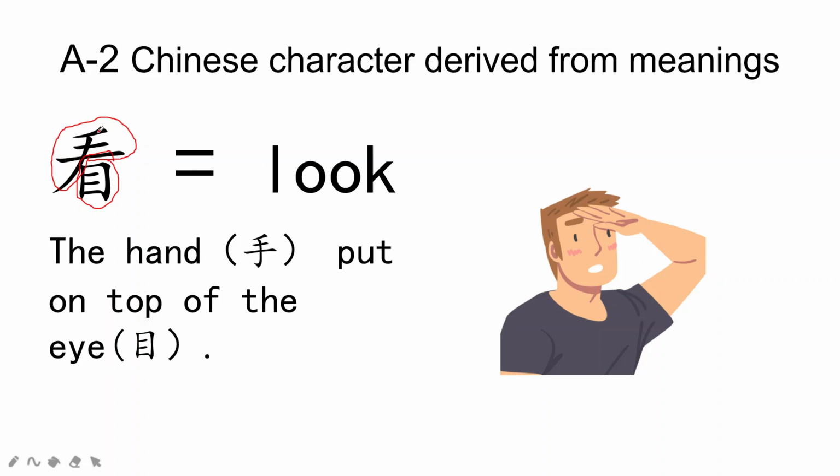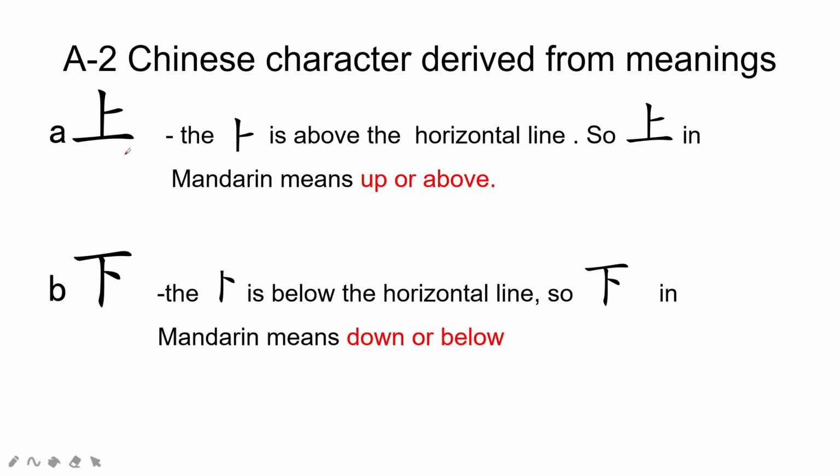So the hand is put on top of the eye, just like this person looking at something, the hand is put on top of the eyes. So this is how the word is formed. Okay, it means look.